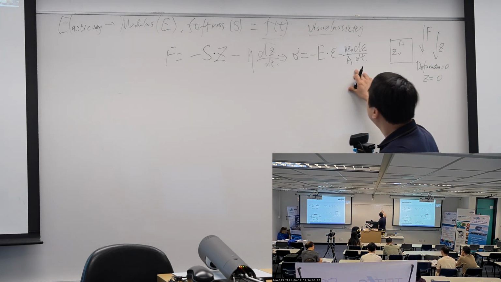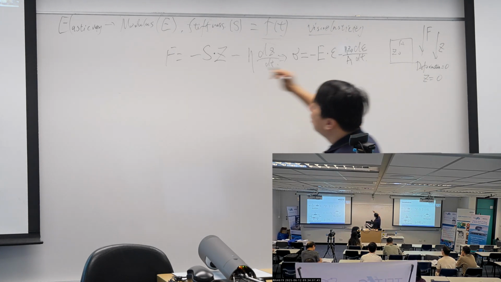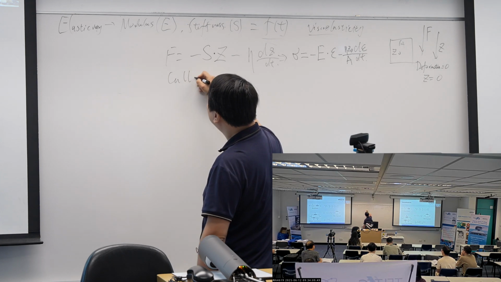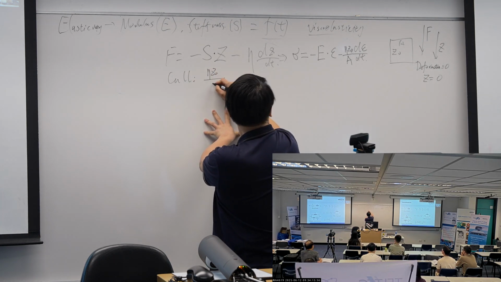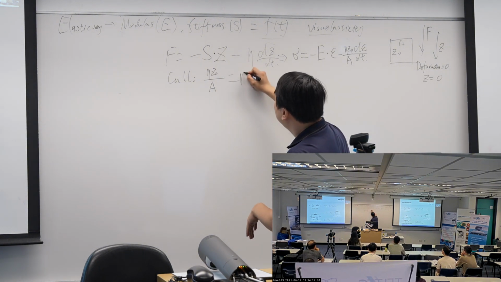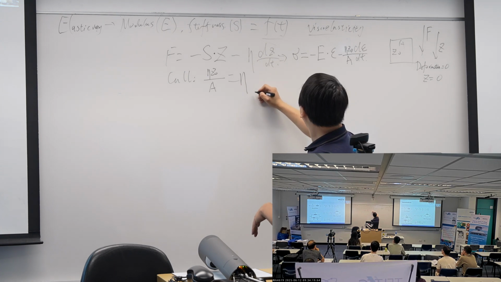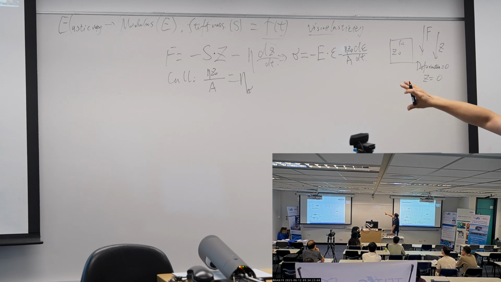Okay, and then we make some change. We call the so-called eta z0 A, we call it eta sigma.